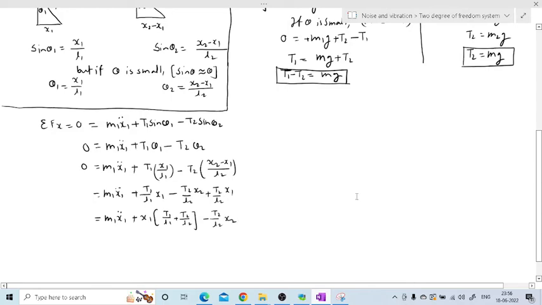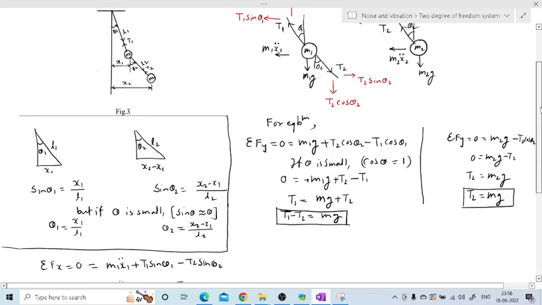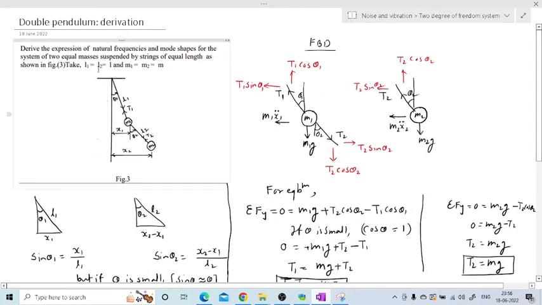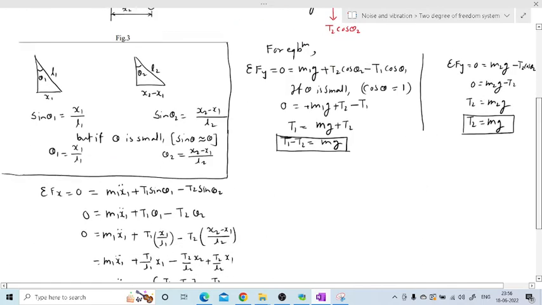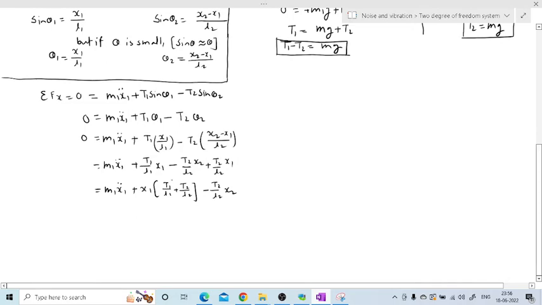But in the problem statement just check, they have given L1 is equal to L2 is equal to L. So I'll put L1 is equal to L2. So this equation will become m1 x1 double dot plus x1 in bracket, the L1 and L2 are the same, so the denominator will become L, and in the numerator it is T1 plus T2. So the denominator is the same, minus T2 by L2 into x2.